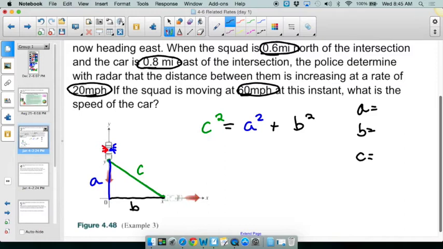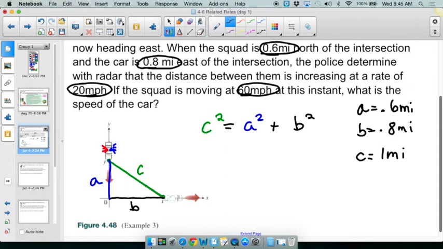So, judging from that information, can anyone tell me at this snapshot how much A is? 0.6. A is 0.6 miles. I'm running out of space. Does anybody know what B is? 0.8 miles. Does anybody know what C is at this instant? 1 mile. Okay, Tyler says he knows C is 1 mile.